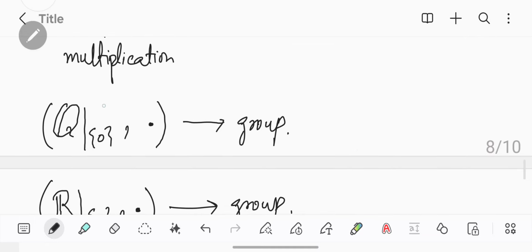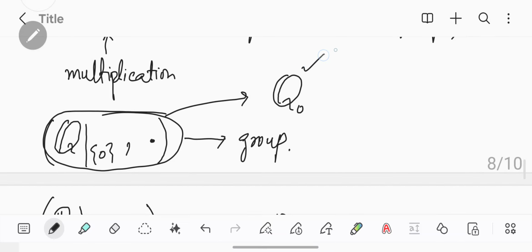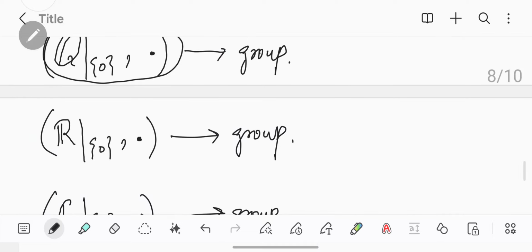Normally, we write this group in this way, Q0. What does that mean? This means Q is a group with respect to multiplication, but if you take out 0 from the set of rational numbers, just like this way.